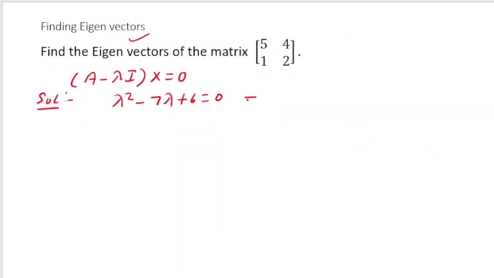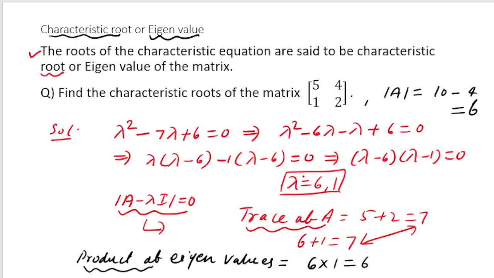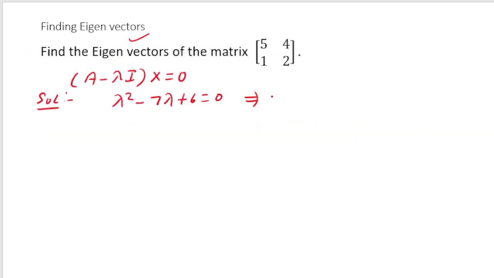Now the next thing is to find the eigenvalues. Eigenvalues also I have got in this part, that is lambda is equal to 6 and 1. I write it without much discussion, but when you are solving it as a problem, you have to write all the details, like how to write the characteristic equation and then how to get the eigenvalues.